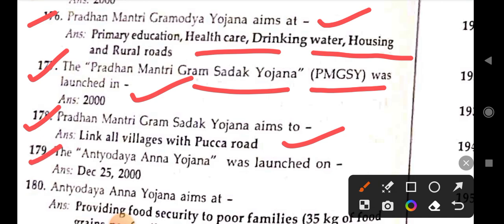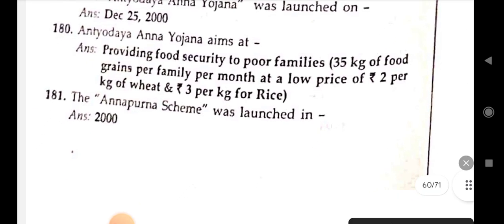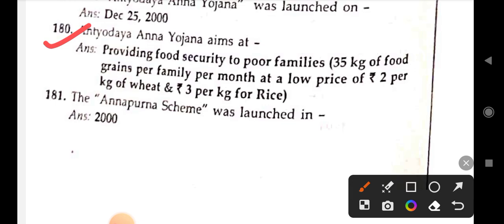Next, the Antyodaya Anna Yojana was launched on 25th December 2000. Antyodaya Anna Yojana aimed at providing food security to poor families, 35 kg of food grain per family per month at low price: 2 rupees per kg of wheat, 3 rupees per kg of rice.